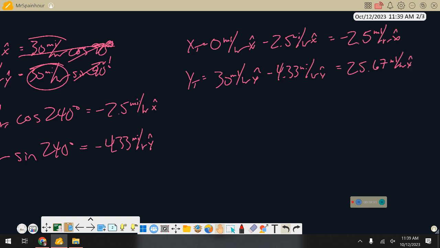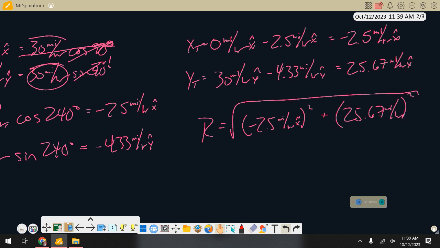Okay, so then I'll get my magnitude, r. R is going to be x total squared plus y total squared, square root the whole thing.